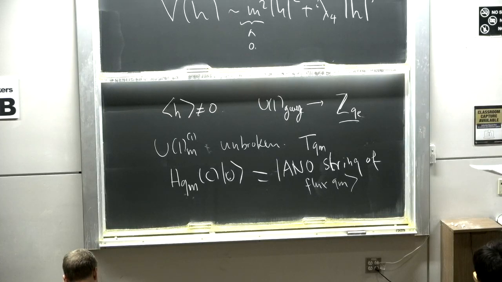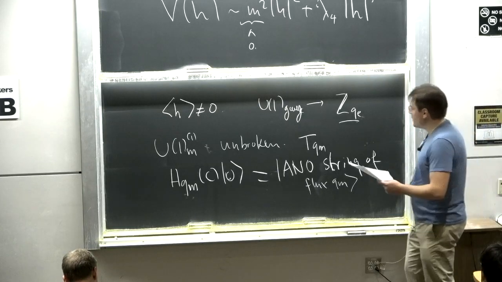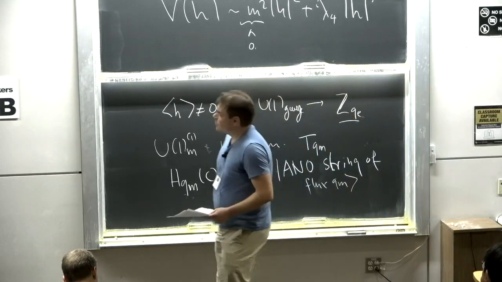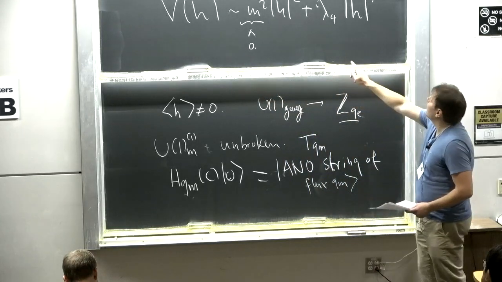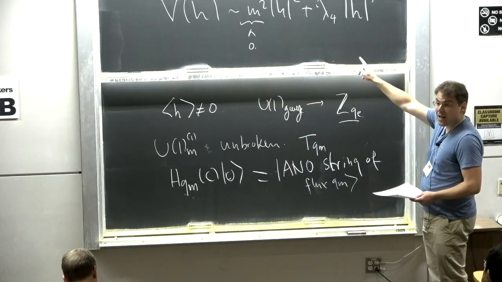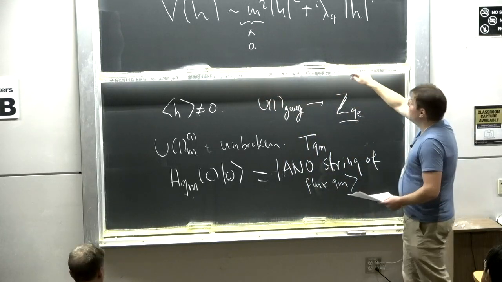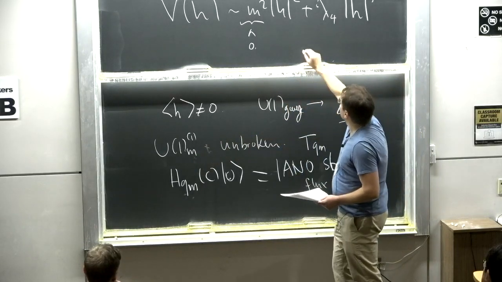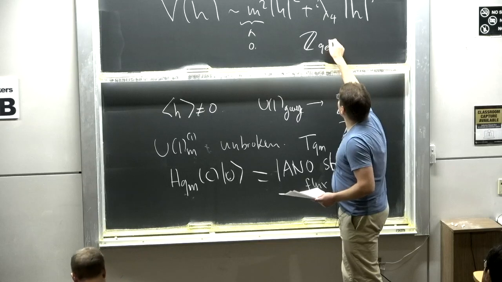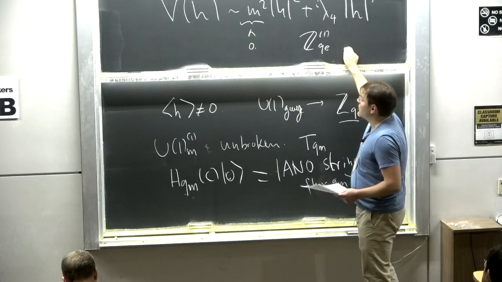Very good. Now, why do I mention these fractionalized vortices? Because I ended the last lecture by explaining that this model, or maybe I didn't end this way, but in any case, I mentioned that this model still has a mixed anomaly between the U1 magnetic symmetry and the ZQE electric symmetry.